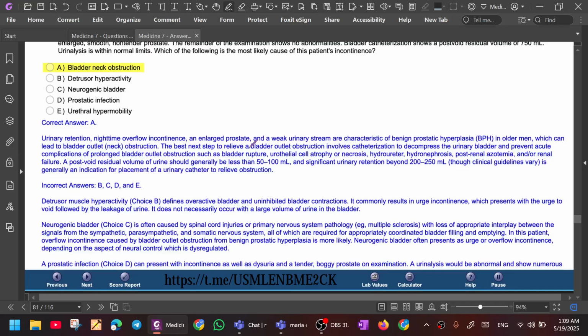A post-void residual volume of urine should generally be less than 50 to 100 ml, and significant urinary retention beyond 200 to 250 ml, though clinical guidance varies, is generally an indication for placement of a urinary catheter to relieve obstruction.